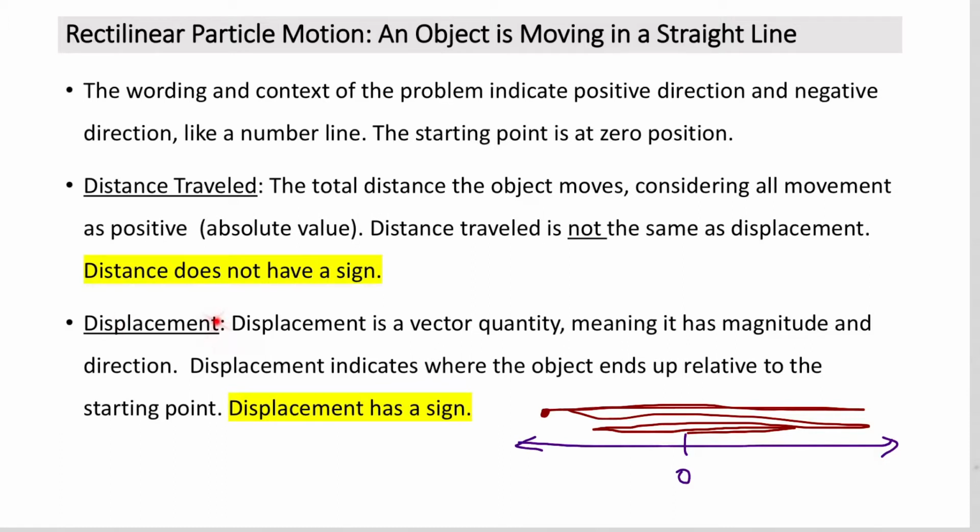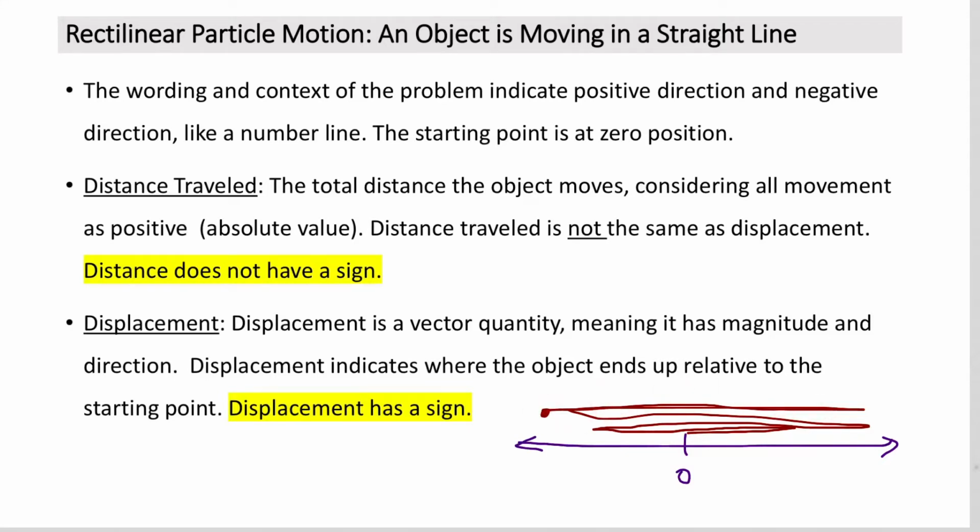Displacement is different. Displacement is a vector quantity, which means it has a magnitude and it also has a direction. So displacement has a sign. So what displacement indicates is if you end up here and you started out here, technically you've only displaced this much distance right here from your starting point to your ending point, regardless of all of this back and forth movement.